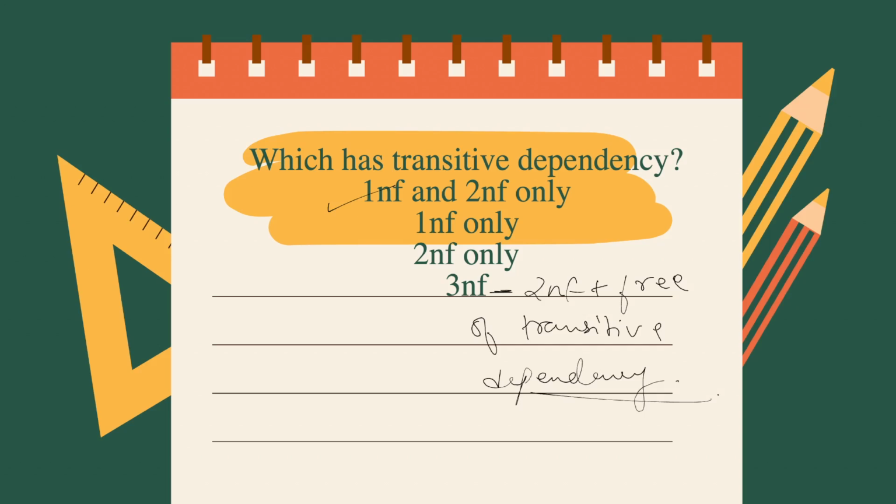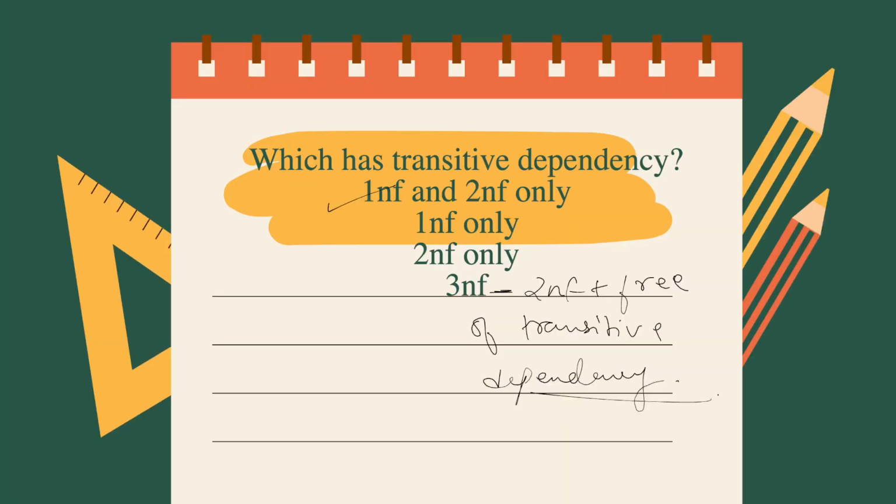Okay, so in 3NF we have talked about it in much detail. You can see that lecture if you are getting confused here. Okay, so no transitive dependency should be there. All right, now let's see. So 1NF and 2NF can have, but 3NF cannot have the transitive dependency.